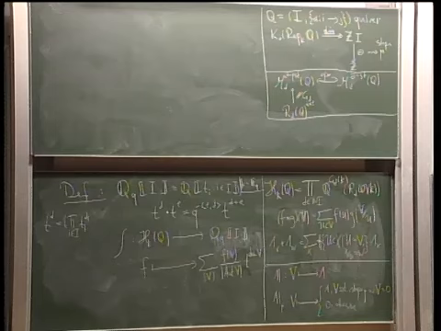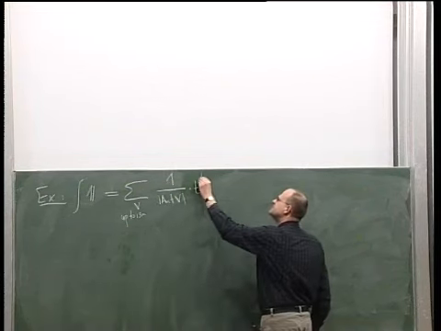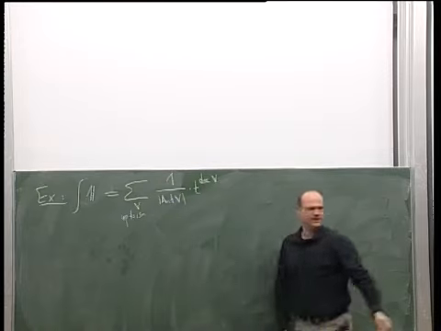So that's the sum over all v up to isomorphism. The value of the function 1 is 1, divided by the cardinality of the automorphism group times t to the dimension vector.